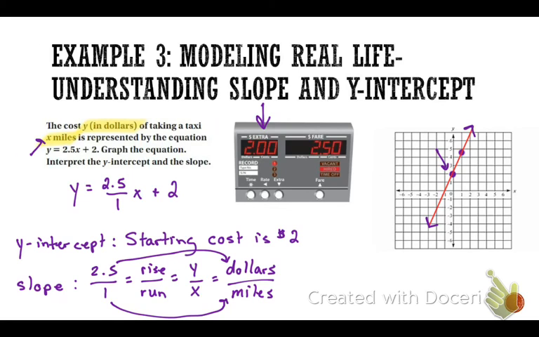This 1 stands for miles. So you're going to write that. Now, these middle steps, you're eventually just going to know. But this trains your mind to think, my top number is my rise value. What did rise stand for? In this case, it's dollars. My bottom one is my run. It stands for miles. That's X. So I'm going to say the taxi costs $2.50. Remember, the top one was dollars per how many miles? 1 mile. That's your slope interpretation.